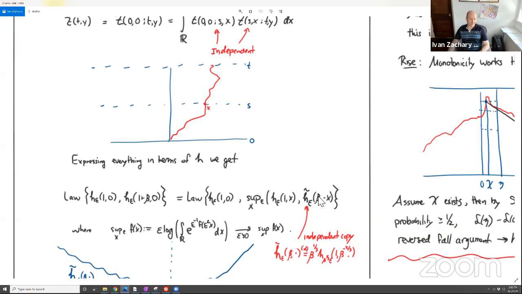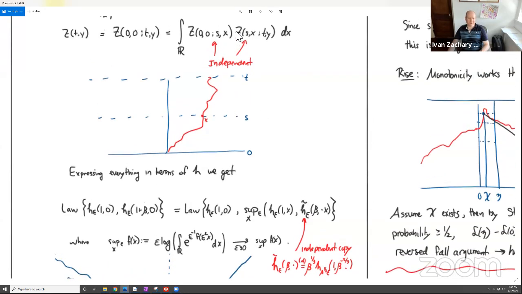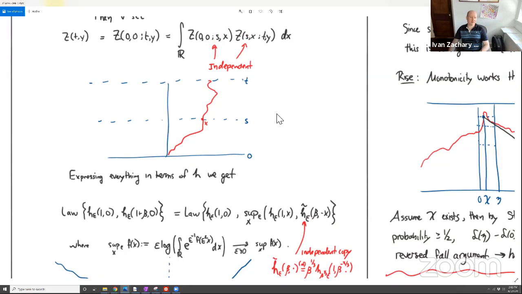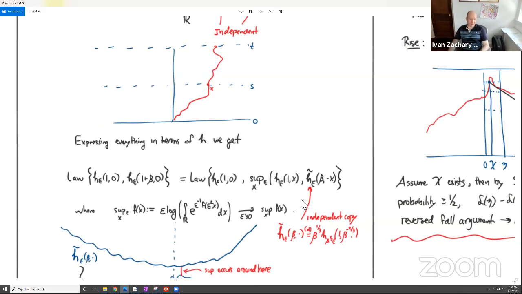The 1 and the beta are fixed. So what this h tilde is, it's really coming from this second independent solution to the stochastic heat equation, working on the independent noise. And it's really just a rescaling, in law, of my h, the h1, which is kind of the object that I'm going to think of as the canonical version of this rescaled KPZ line ensemble.